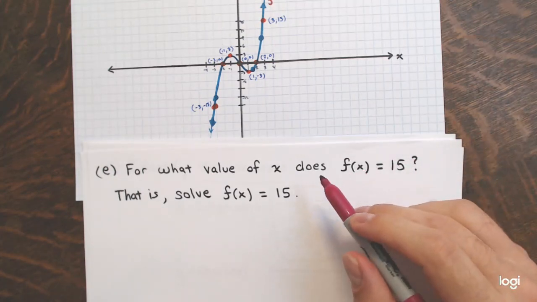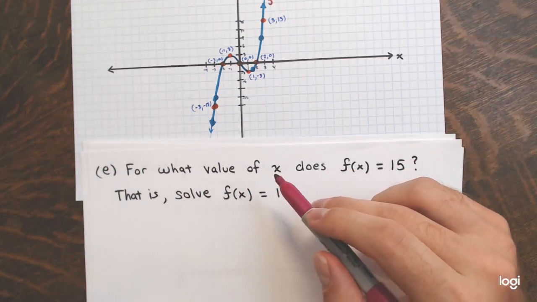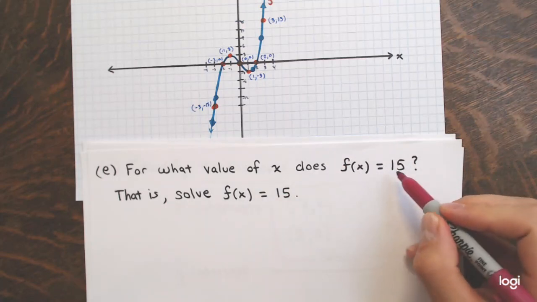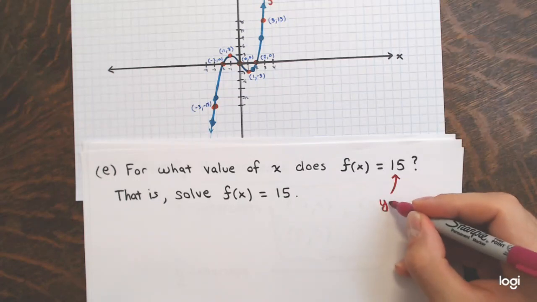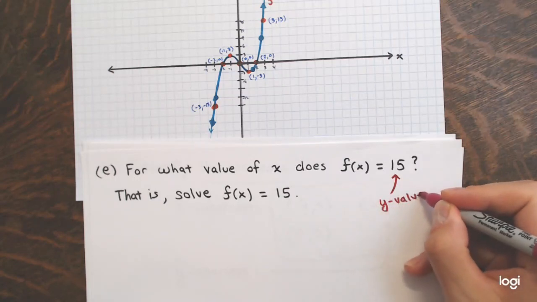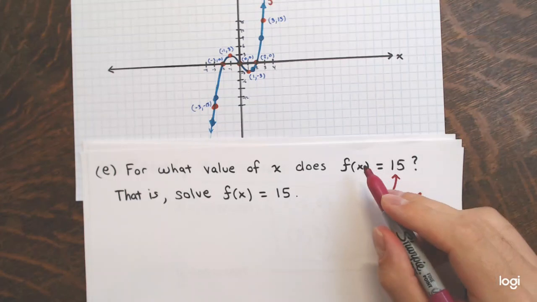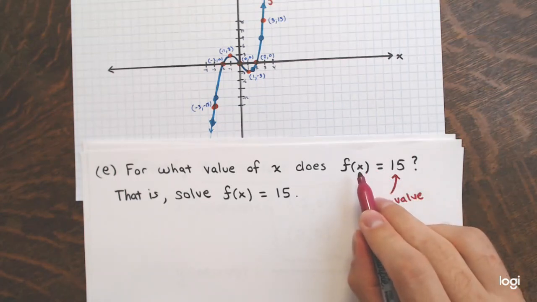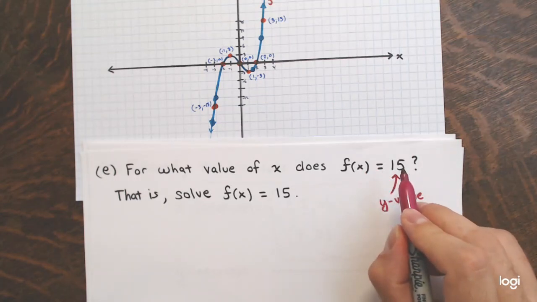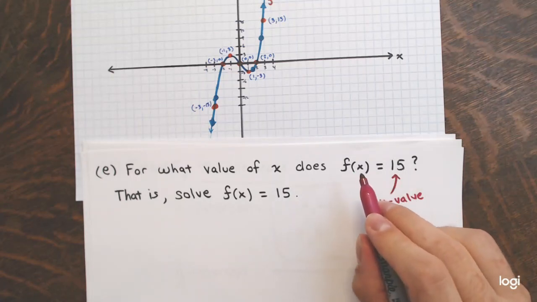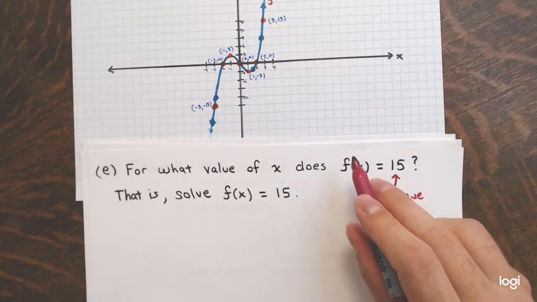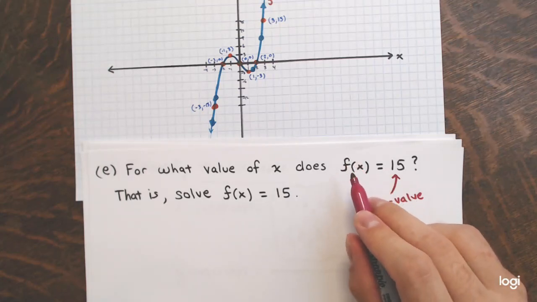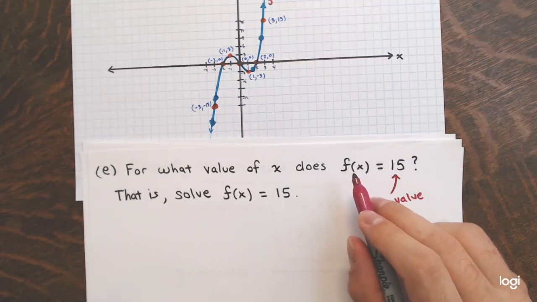is, find the value of x. Find the x value when f of x equals 15. So this value over here, this 15, is a y coordinate, a y value, an output. We're trying to find the input. What goes in here? What input has an output of 15? And you might see in some texts too that when you see f of x or g of x or h of x or whatever, function notation represents your function, that can also be signified by the letter y.